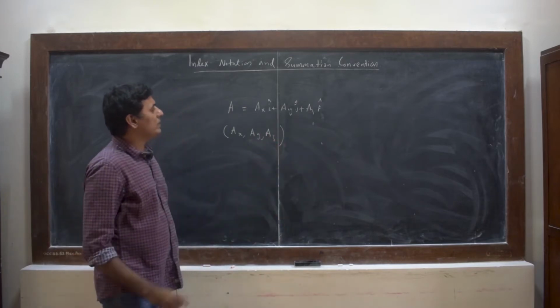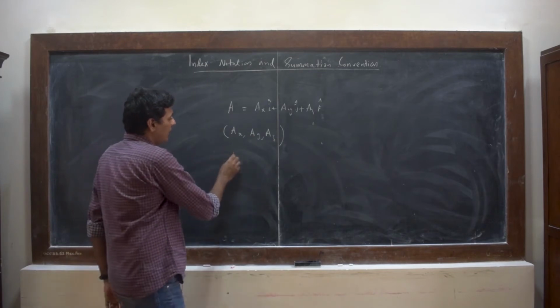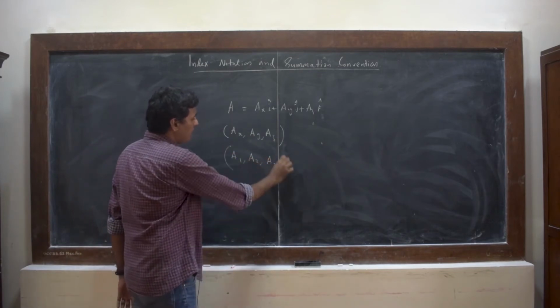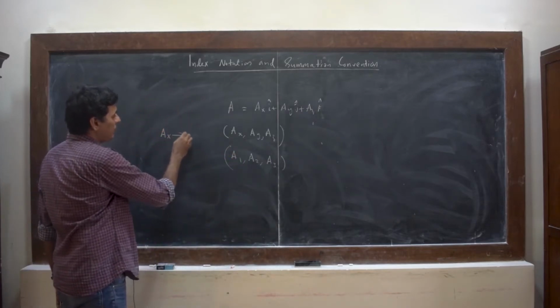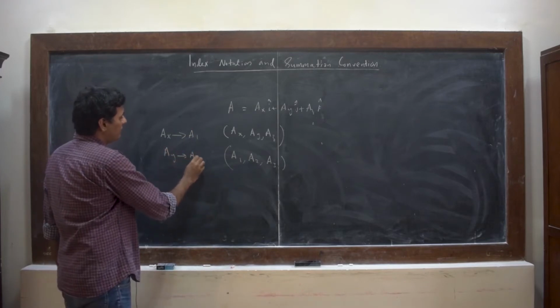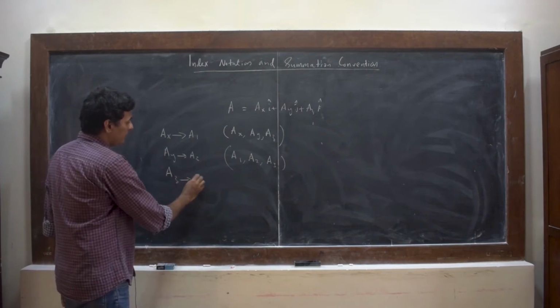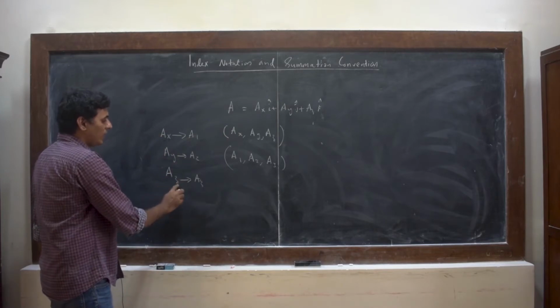Instead of writing this way, I am going to change my notation as A1, A2, A3. Here my AX I am denoting as A1 and AY as A2 and AZ as A3, or X goes to 1, Y is 2 and Z is 3.